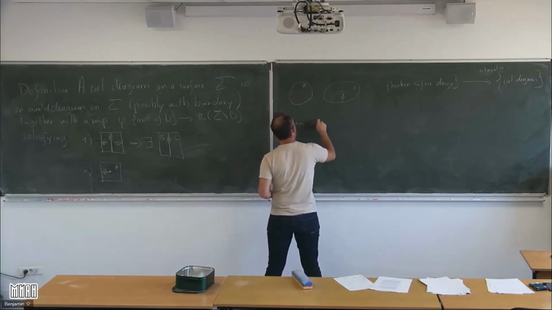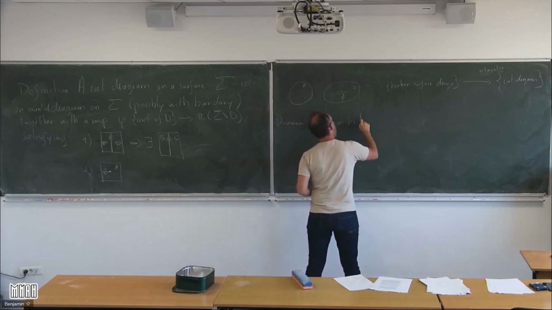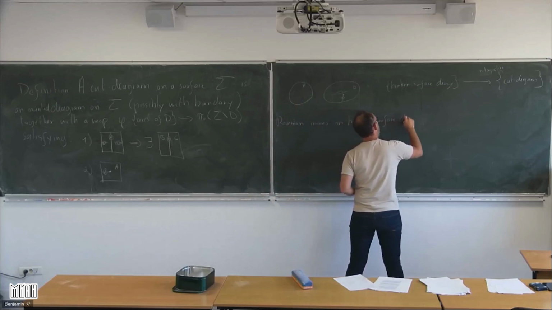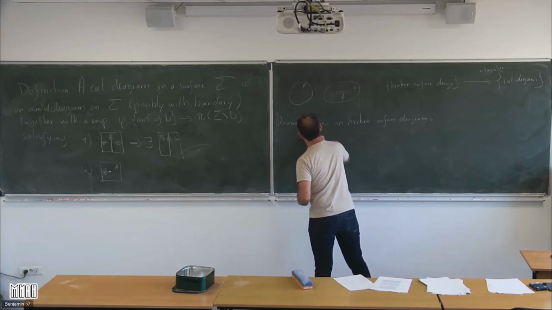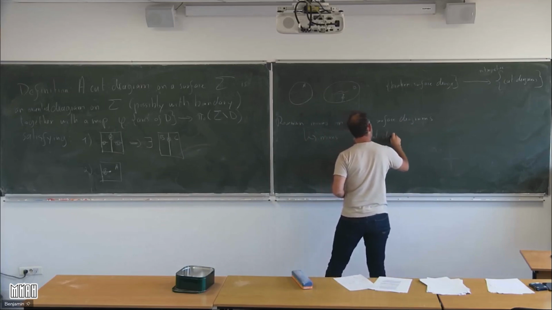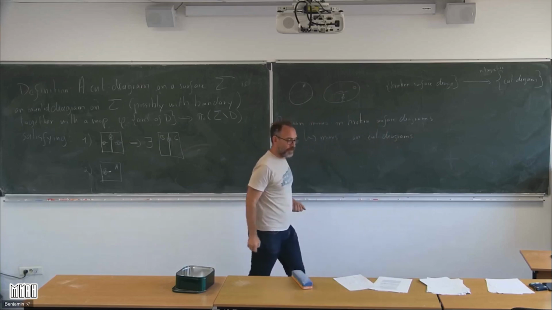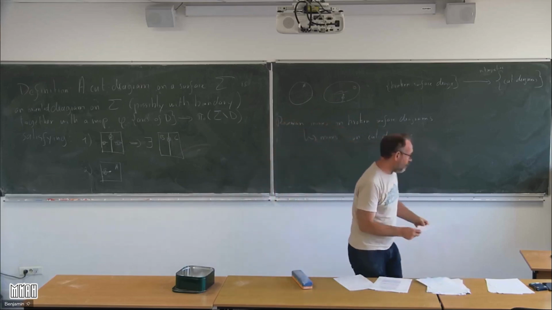So Roseman moves on broken surface diagrams lead to moves on cut diagrams. Those moves, there are 7 of them.